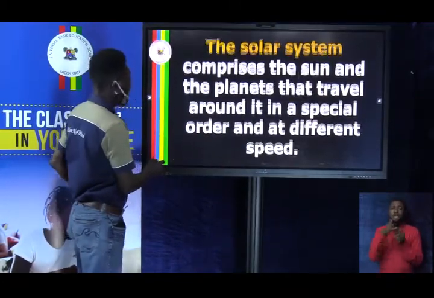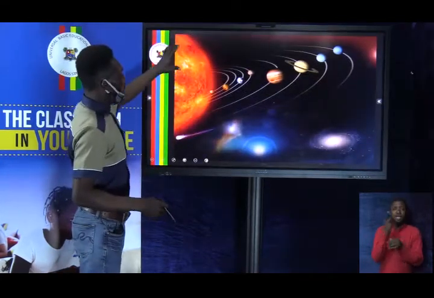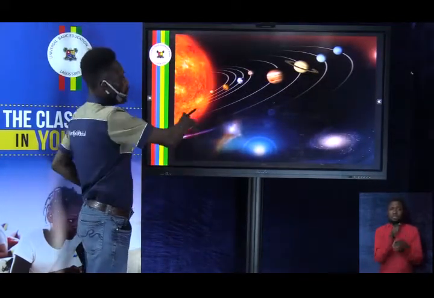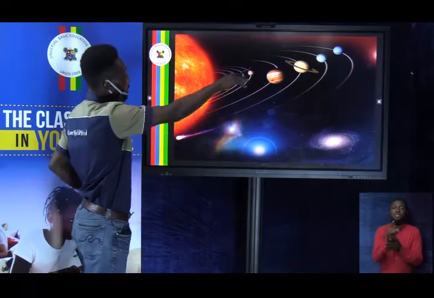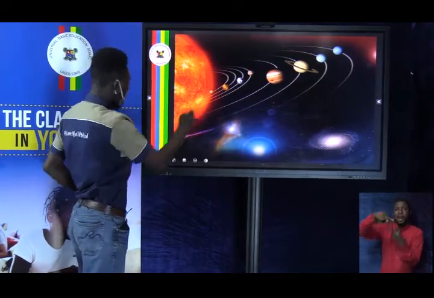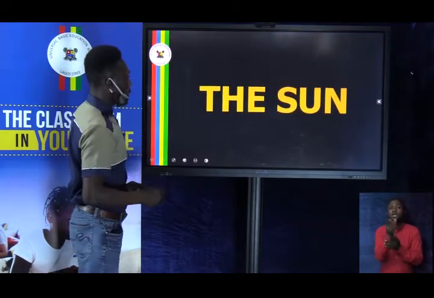Still talking about the solar system, you can see this diagram showing the 8 planets. We'll look at all these 8 planets one after the other.